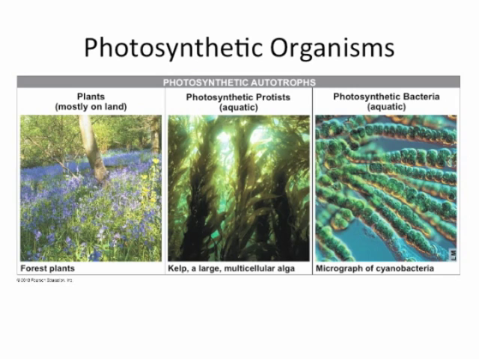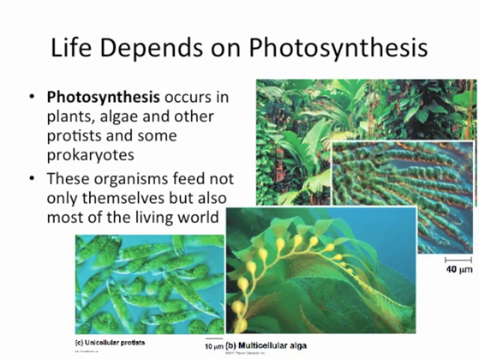This is a kelp, it can be larger than a lot of trees, but underwater. And even microorganisms. There are bacteria that photosynthesize. So photosynthesis occurs in plants, algae, and other protists, and some prokaryotes like bacteria.